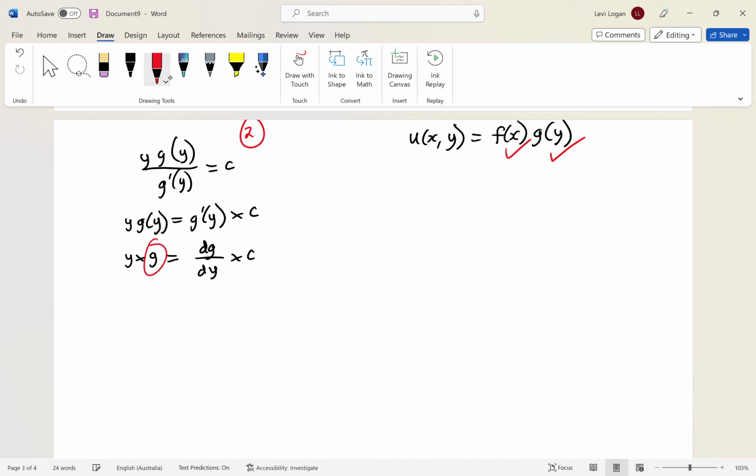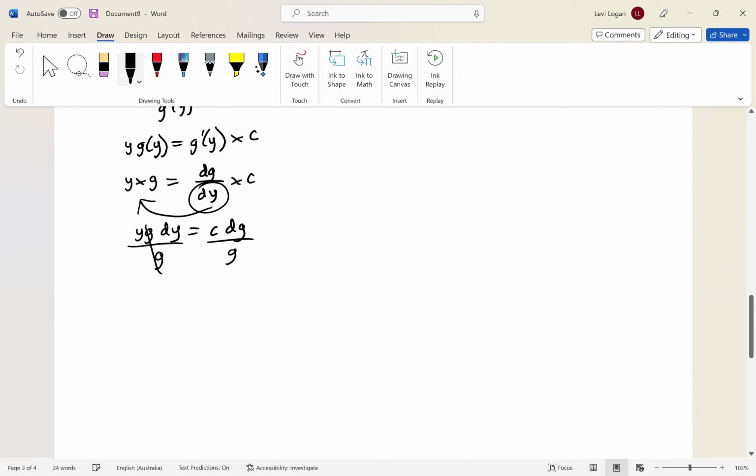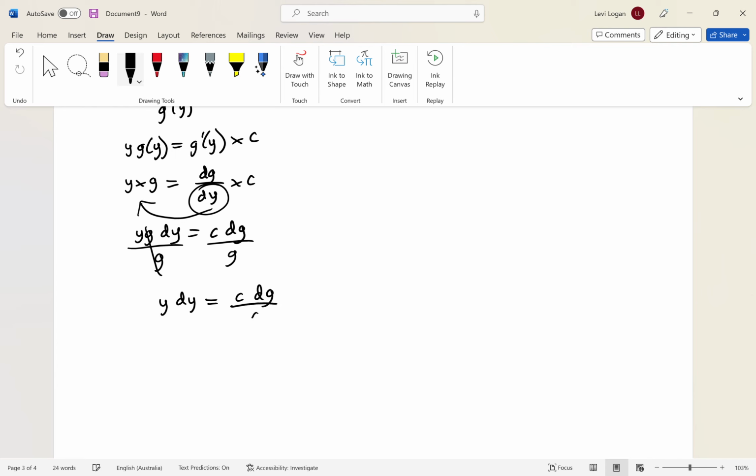Multiplying both sides by dy, I have y g dy is equal to c dg. I'm going to divide both sides by g. So I'm left with y dy equals c dg over g.